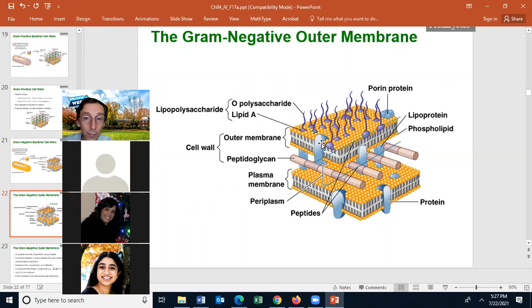But it also has a blue molecule, which is lipid A. So that's a lipid. And then it has an O polysaccharide attached to the lipid A, and that's the hairs you're seeing here. So together, the O polysaccharide and the lipid A make a lipopolysaccharide. Any questions about that?